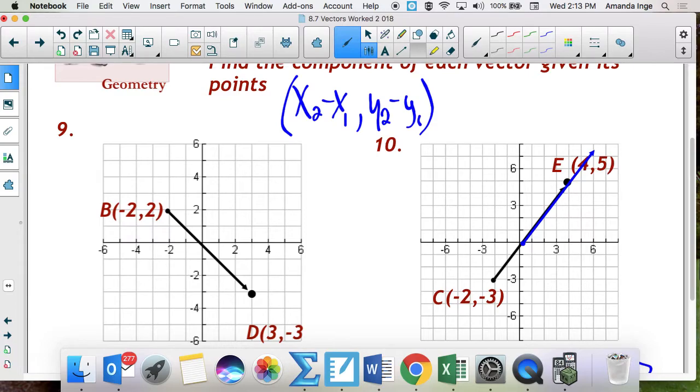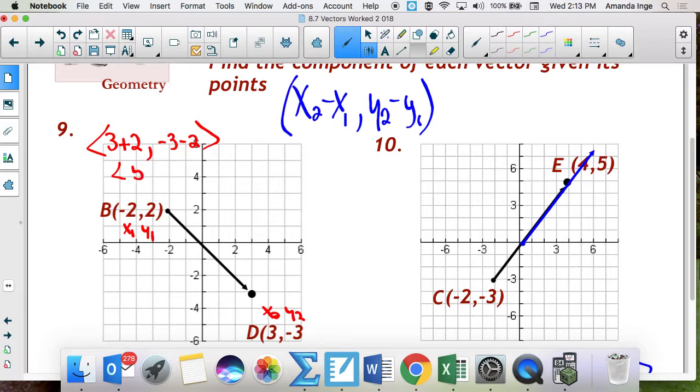So x1, y1, x sub 2, y sub 2. The beginning point is the initial point, and it needs to be x1, y1. So we're going to say 3 minus negative 2, and negative 3 minus 2.